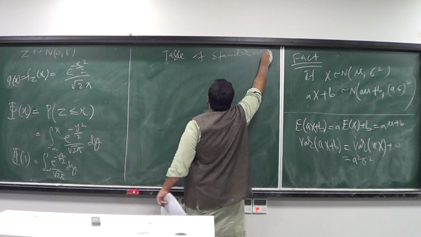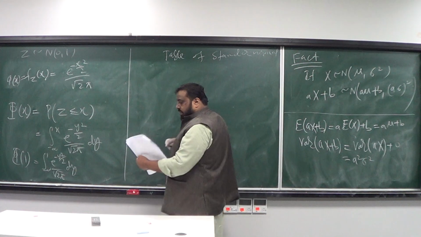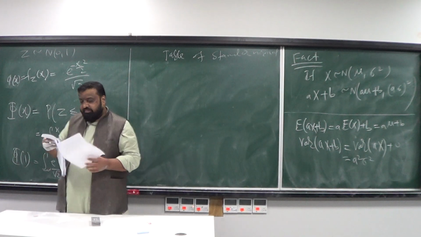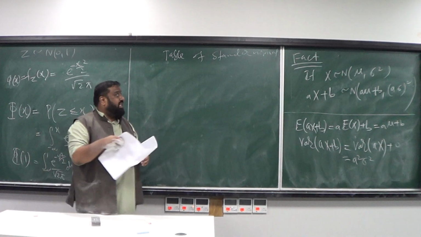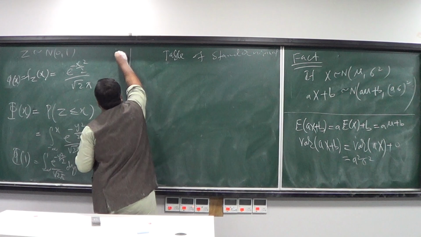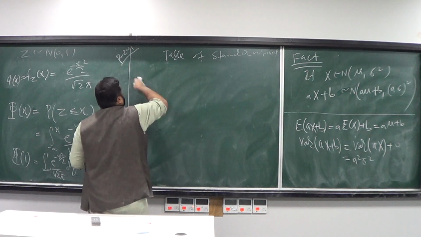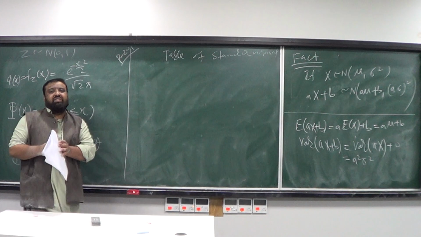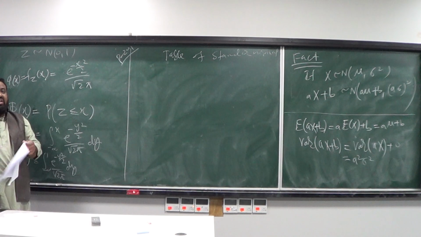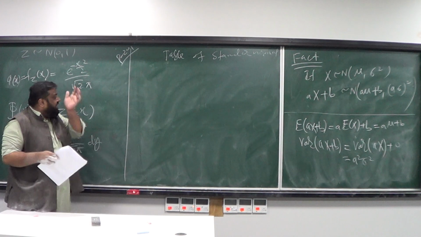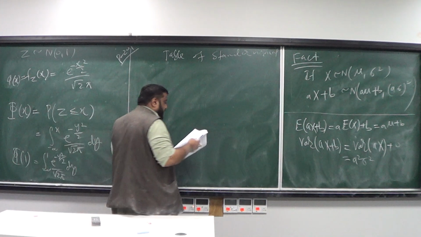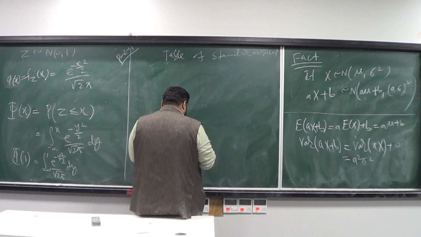For example, on page number 201 of the book, you will find a table of a standard normal CDF. Interestingly, the table of a standard normal CDF goes like this.